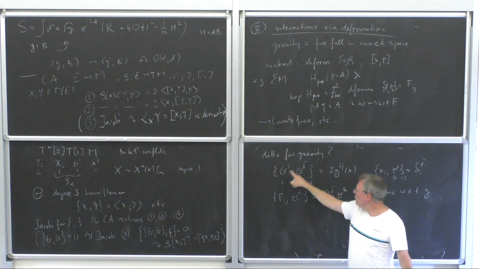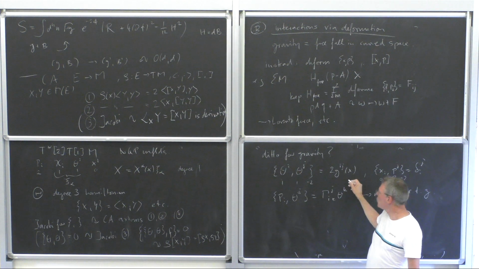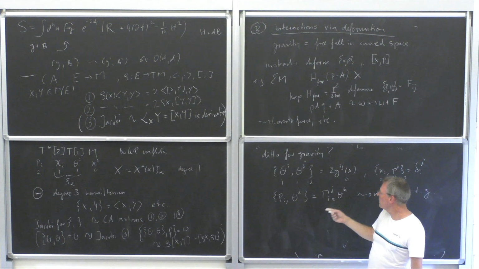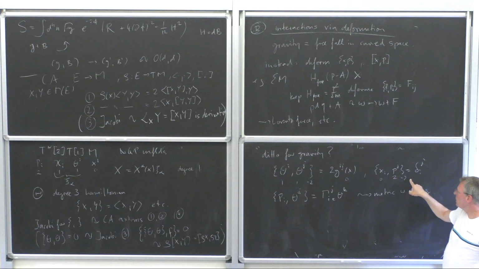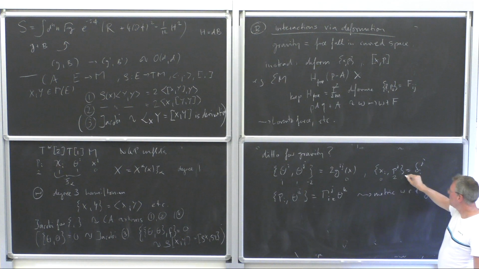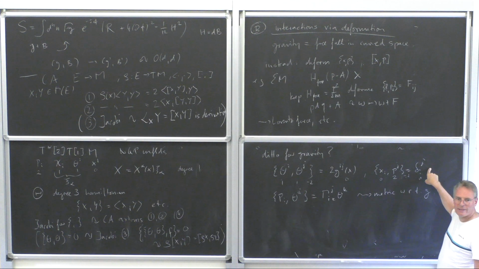I want this to be a function, so it should be degree 0. I forgot to write this here. And so 0, because I want the Kronecker delta to be degree 0.